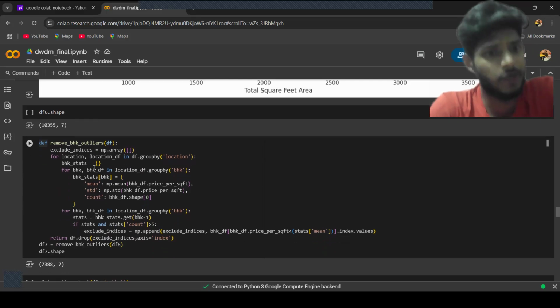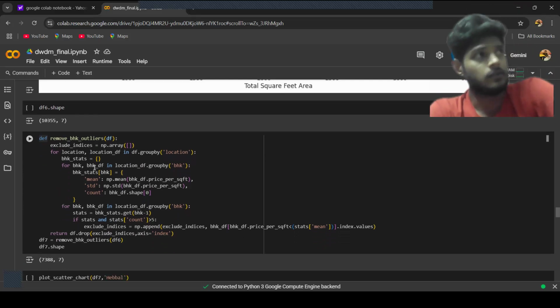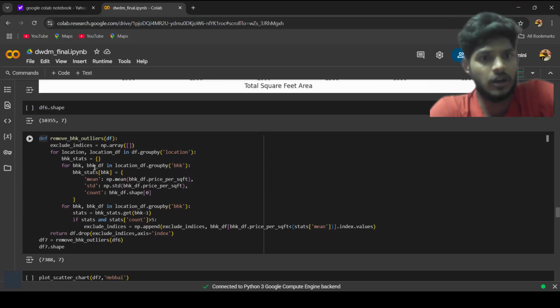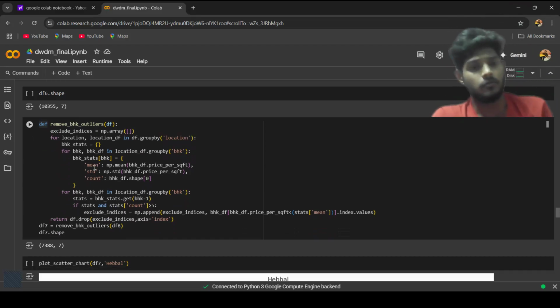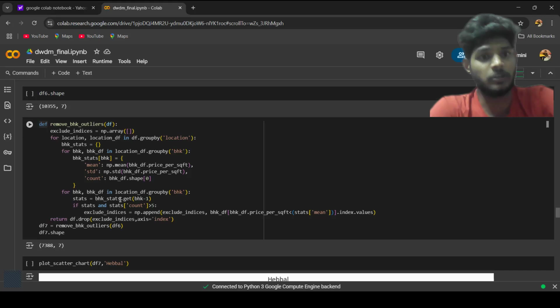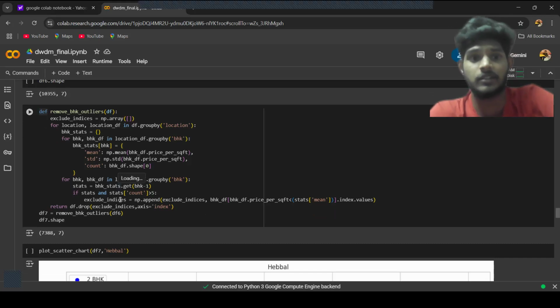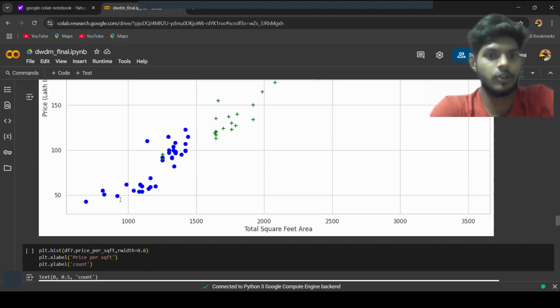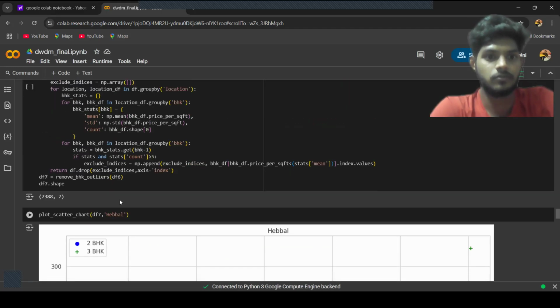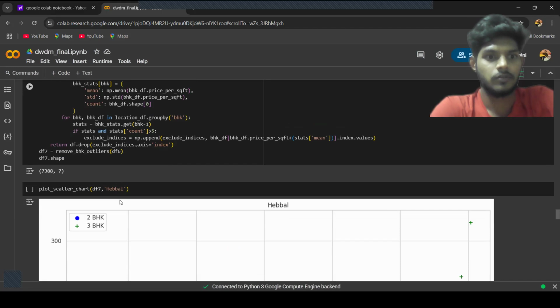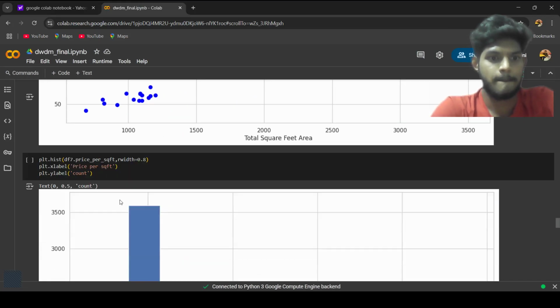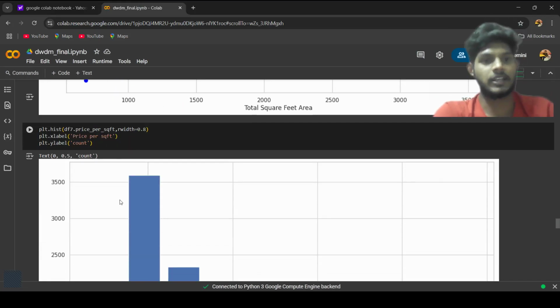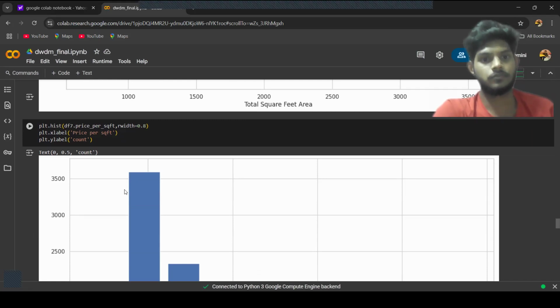Here we will be removing BHK values which are greater than 3, with respect to the mean, the standard deviation and the count method. Here you can see a scatter plot, and the price per square feet versus count histogram.